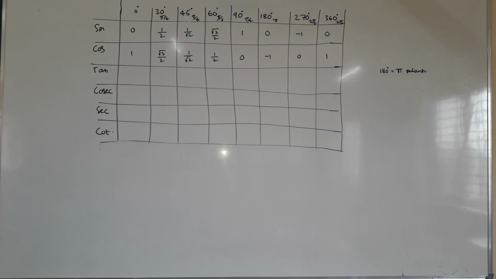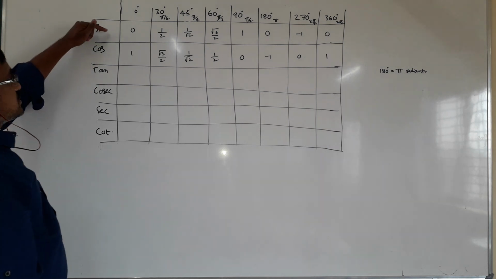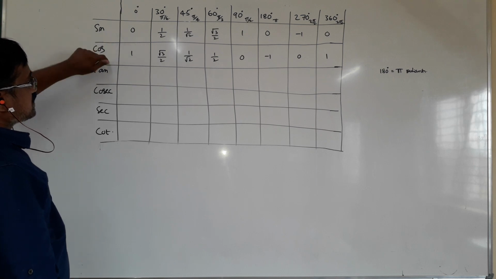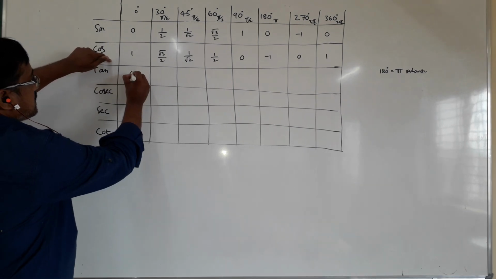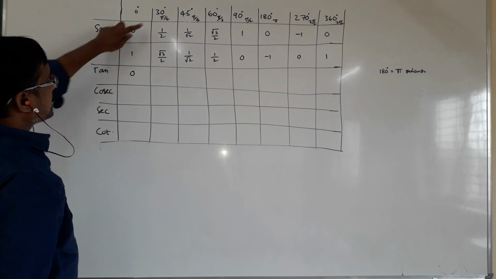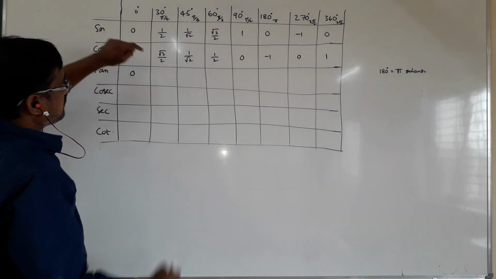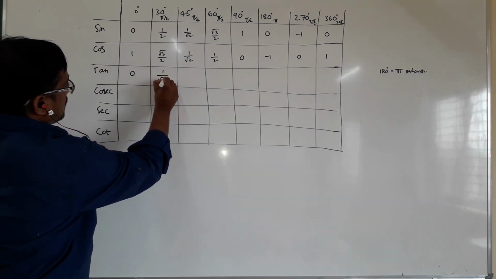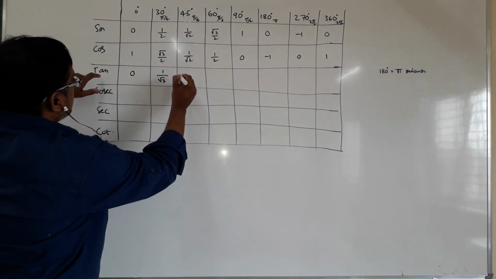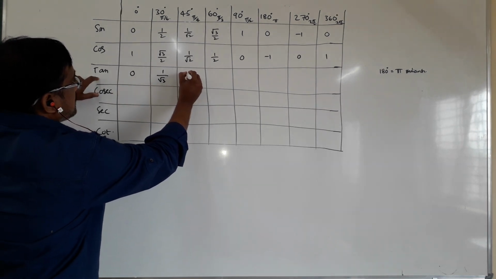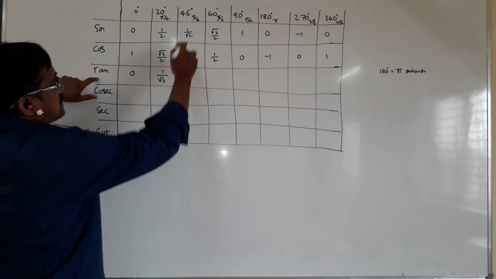Now tan is the ratio of sin and cos. So tan 0 is sin 0 by cos 0. You have to write like this and you will get 0. Tan 30 is sin 30 by cos 30, which is 1 by root 3. Tan 45 is 1.